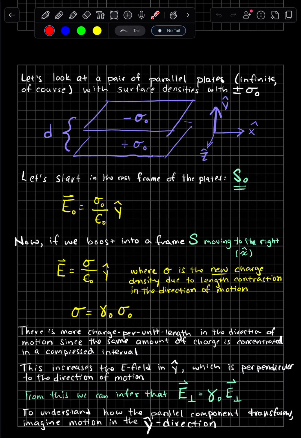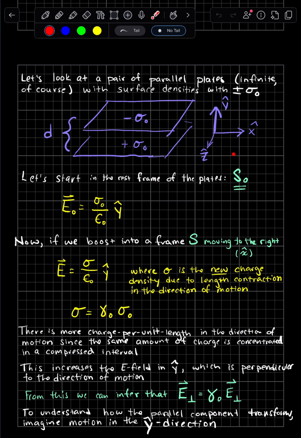The two planes have a plus and minus charge density of sigma naught, and you'll recall that the E field for such a configuration is just given by sigma naught divided by epsilon naught, and it'll be pointing in the y direction. But we're talking relativity, so we need to be very specific that we're talking about a particular reference frame.